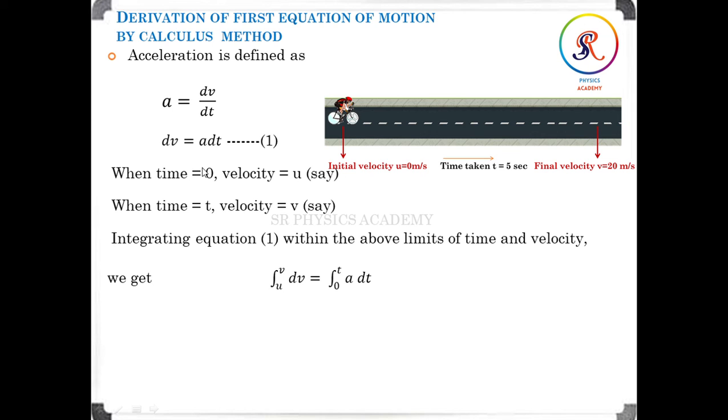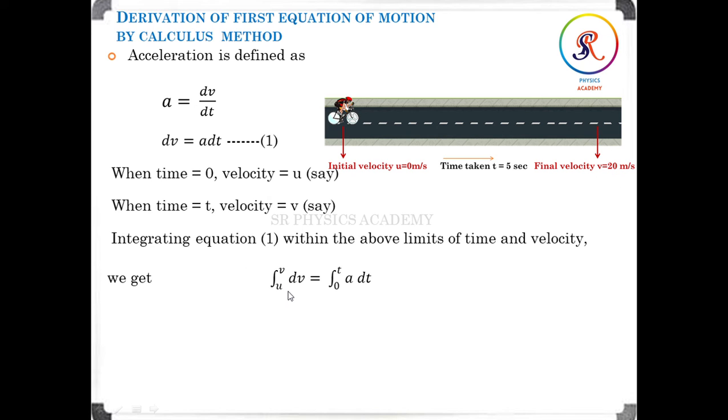Now we are integrating this first equation within the above limits. The time is 0 to t. Suppose I take 0 here and the time taken is 5 seconds total, and the initial velocity 0 and final velocity 20.